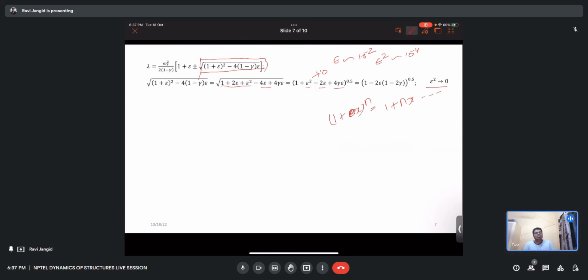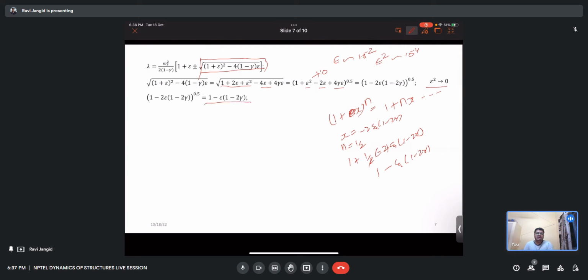In this equation, what is my x? x is −2ε(1 − 2γ), and n is 1 by 2. If I replace it, that will become 1 + 1/2 into −2ε(1 − 2γ), so the 2 will cancel out, and that will remain as 1 − ε(1 − 2γ). Okay, so this is remaining.